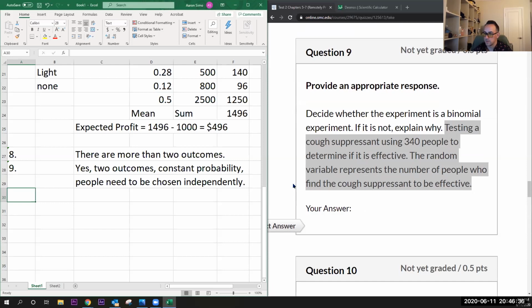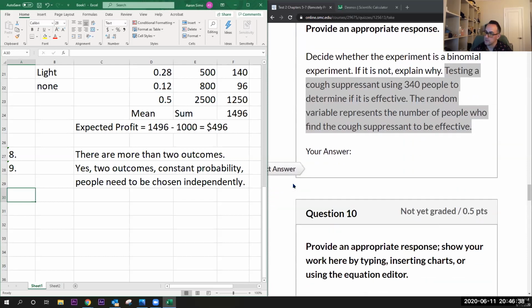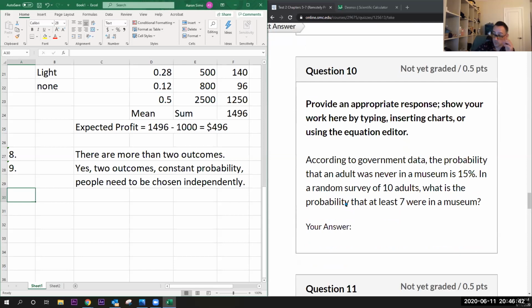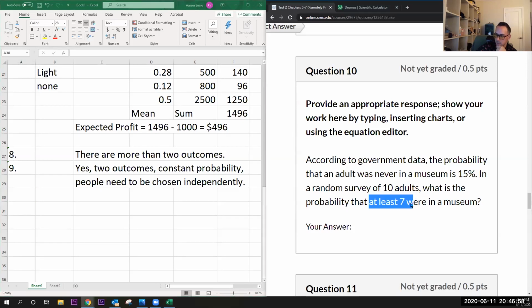So this one says, what's it trying to do here? According to the government data, the probability that an adult was never in a museum is 15%. In a random survey of 10 adults, what is the probability that at least 7 were in a museum?